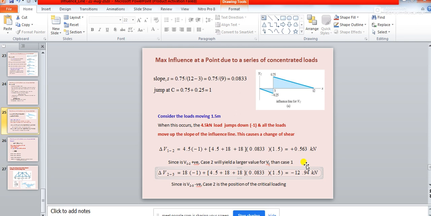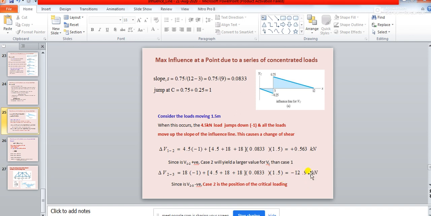When you moved from 1 to 2, you got a positive value, and then when you move from 2 to 3, you get a negative value. So as we have said, position 2, the case 2 position, will be your critical position of the loading. Why? Because from 1 to 2 you got a positive value, and when moving from 2 to 3 you get a negative value.